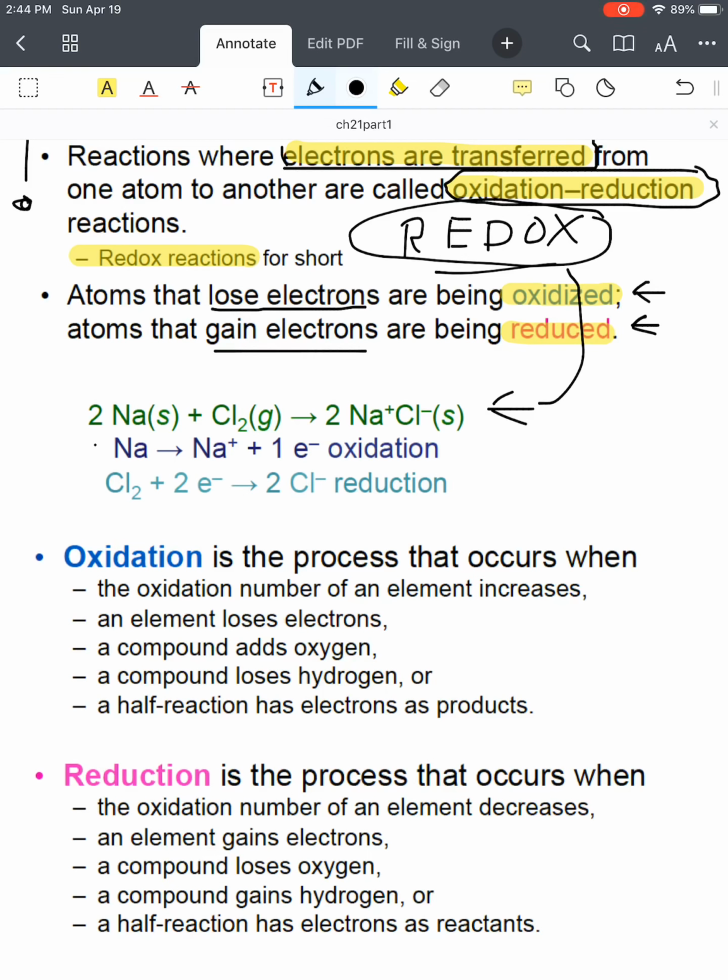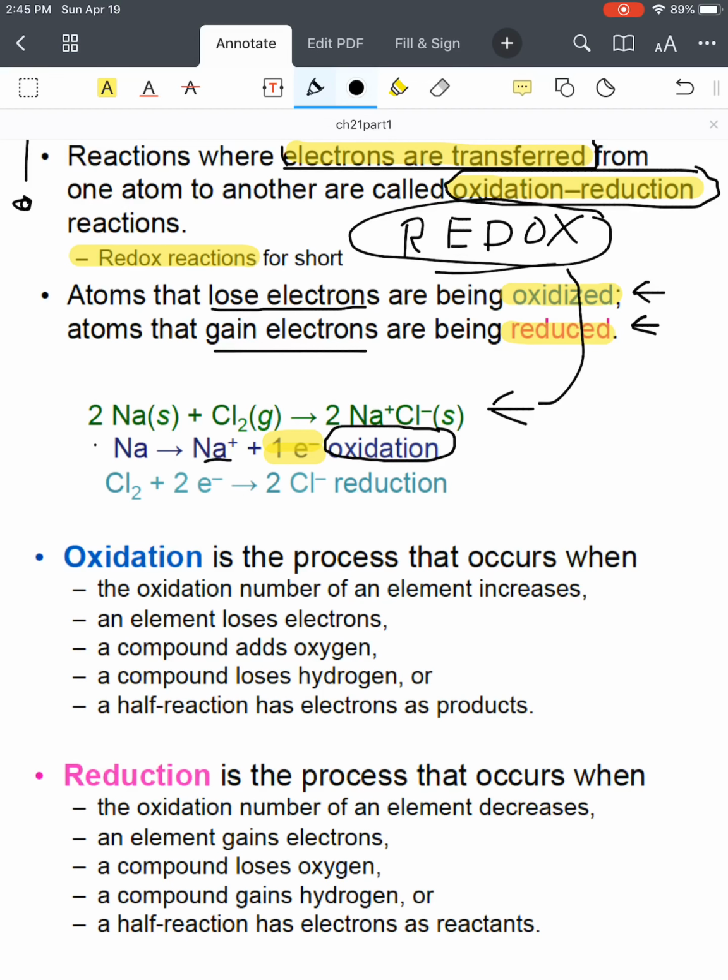In one part of the reaction, a sodium atom might be stripped of an electron or give up an electron to form sodium plus one cation. Now notice the electron is listed as a product in this reaction. The electron's given up, isn't it? The sodium atom has lost an electron. This is oxidation.